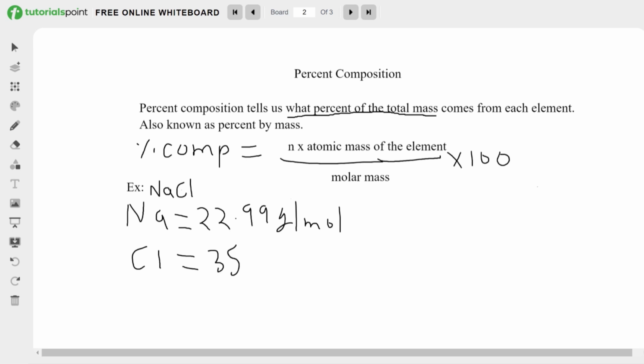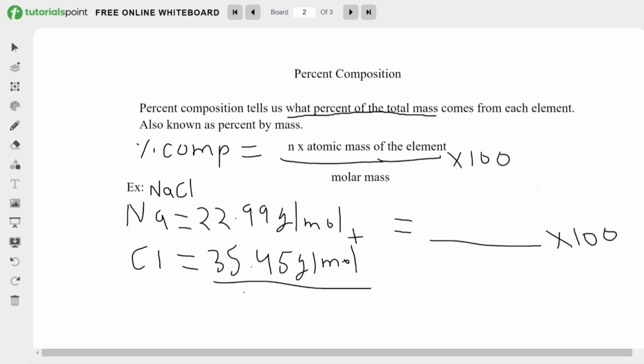Now, to find the total molar mass, let me draw the whole thing here that we need. For the molar mass, we just add these two values up to find the total molar mass of the compound. When we add these two together, we get 58.44 grams per mole.